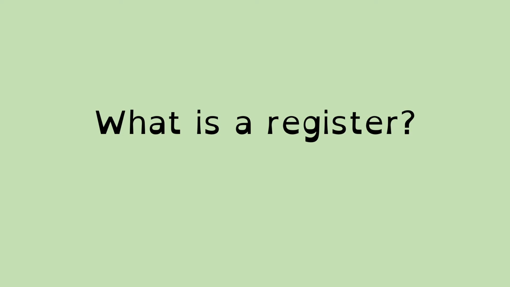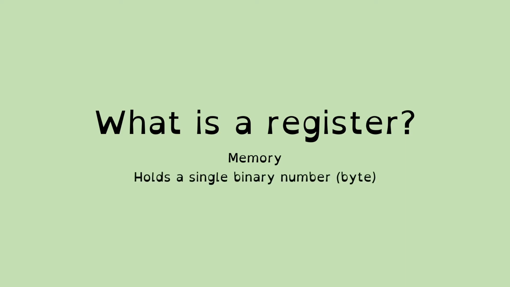So we use things internally in CPUs called registers. So what is a register? It's memory. A single register holds a single binary number, which is usually called a byte. So when you hear about CPUs being of a different number of bits, and in this series of videos, we're creating a 4-bit CPU, which is very limited.